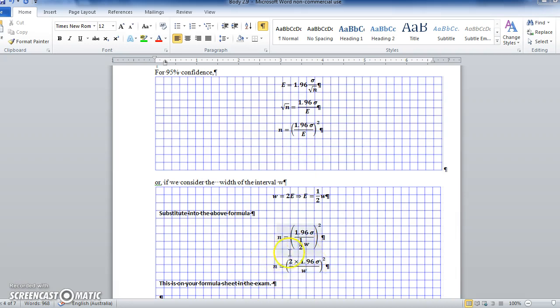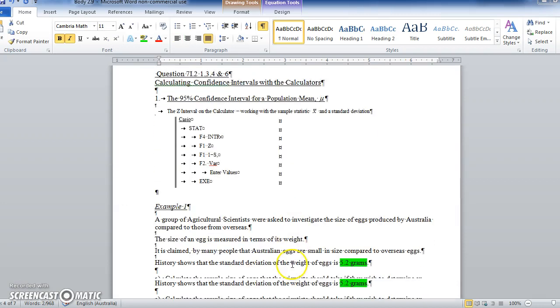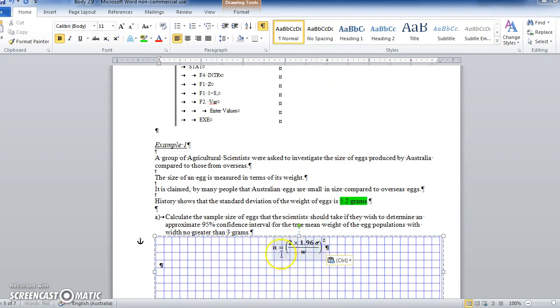Now I'm hoping you say it's this formula because you'll notice in the question that they talked about the width. So width no greater than 3 grams. So instantly we're thinking width, and we know that we're not calculating the confidence interval, we're calculating the sample size, because that's what it tells us to do in the question.